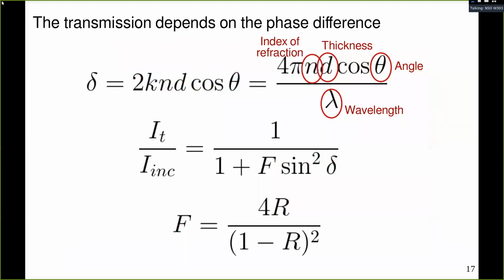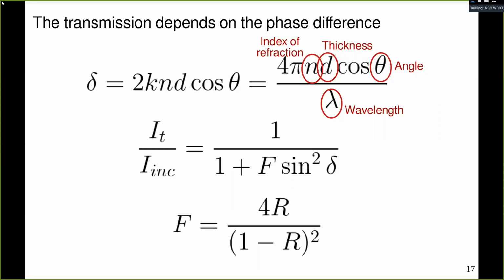But before we do that, let's dissect the main equations that govern the behavior of our Fabry-Perot once again. We're going to define this auxiliary quantity F here, which we call the coefficient of finesse. I don't know, I just assumed it's finesse, but maybe it's finesse. It's finesse. Okay, nice. And that depends exclusively on the reflectivity of your mirrors.